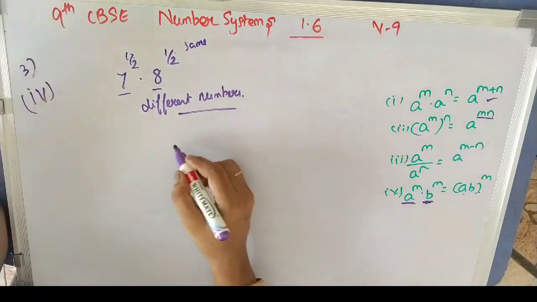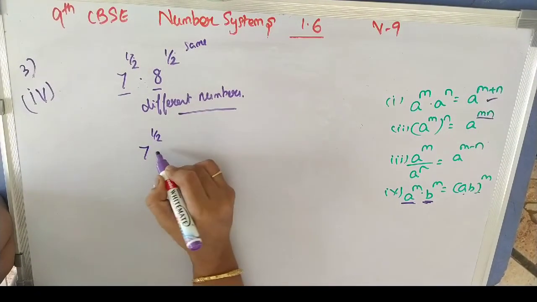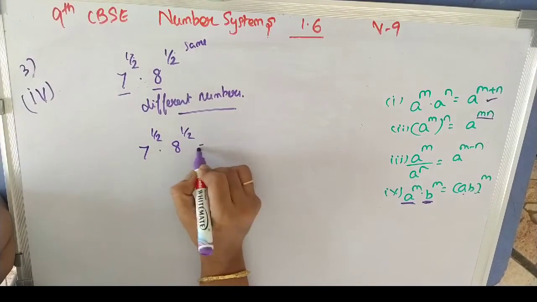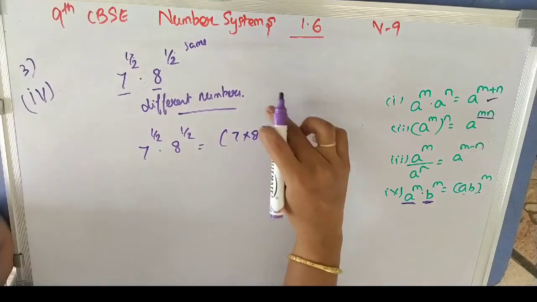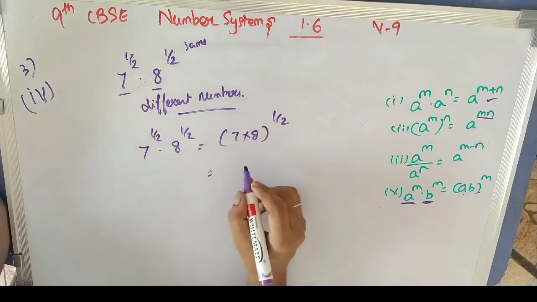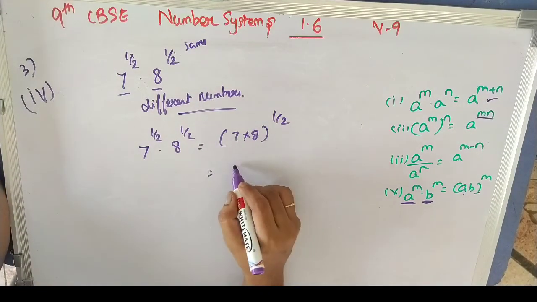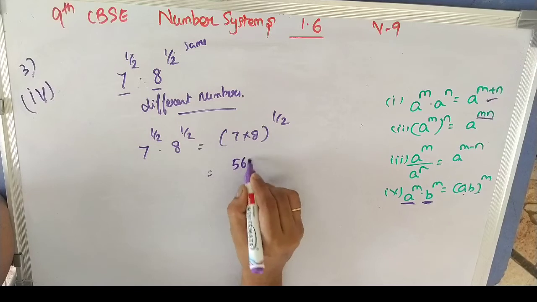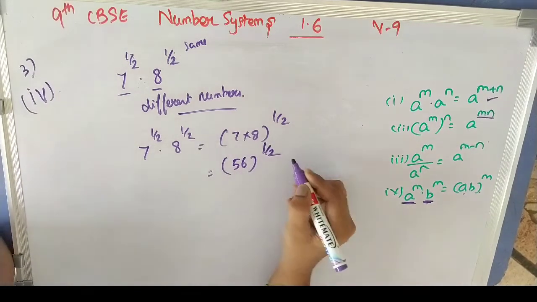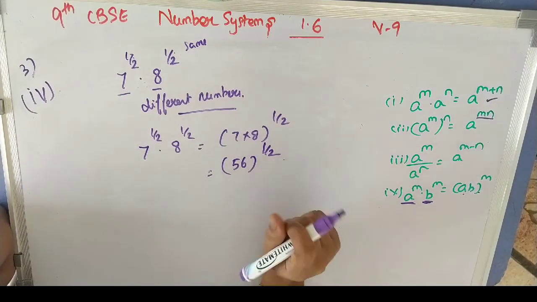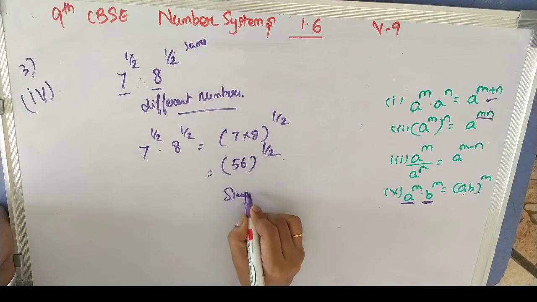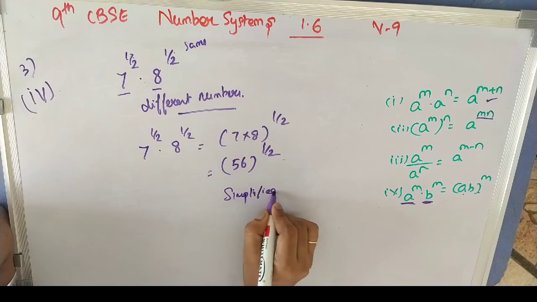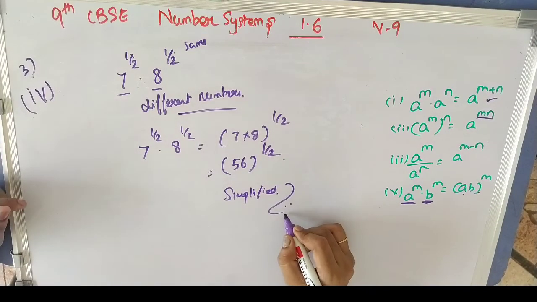That is the fourth law, isn't it? So 7 power 1 by 2 into 8 power 1 by 2 is equal to 7 into 8 the whole power 1 by 2. What is 7 into 8? It is 56. So 7 power 1 by 2 into 8 power 1 by 2, we get 56 power 1 by 2. So this is the simplified form.